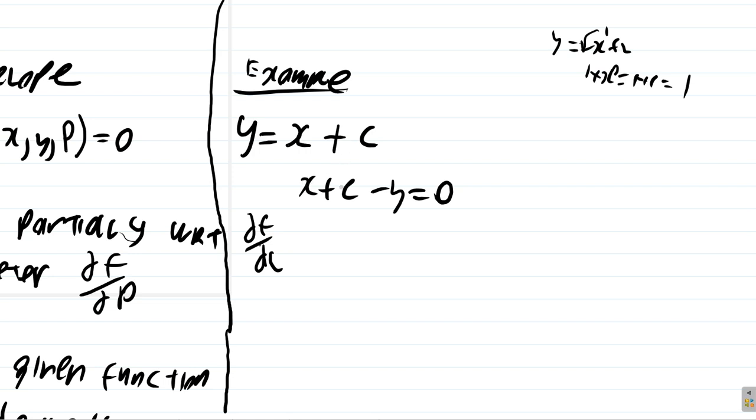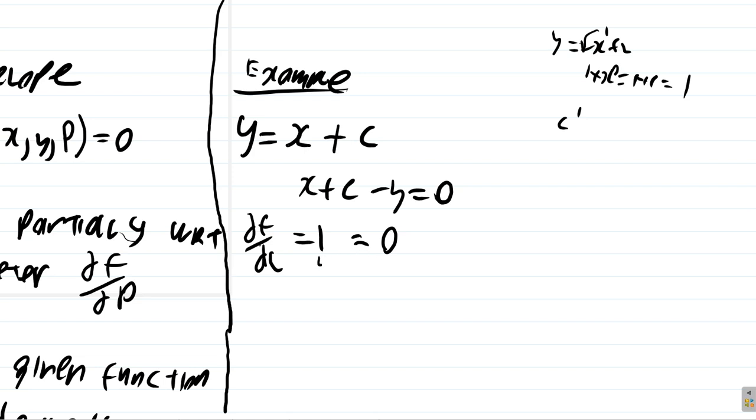So when we find the derivative of c, we're saying that c is raised to the power of 1. So it's 1 times c to the 0 now. So what we have is 1. Now here, even when we differentiate the right hand side, we get 0. But we're saying 1 equals 0.